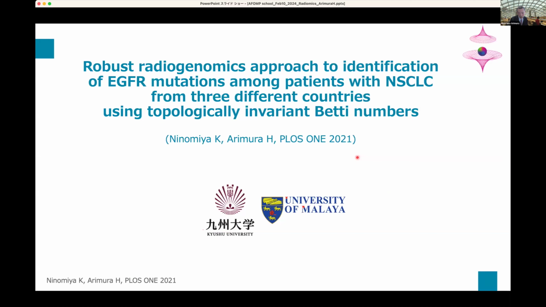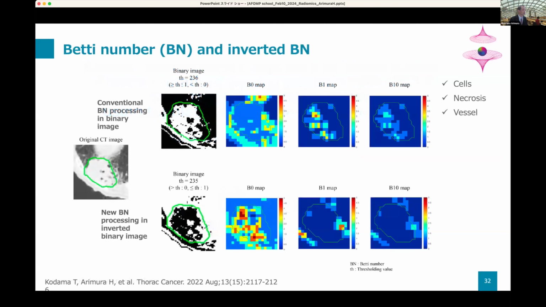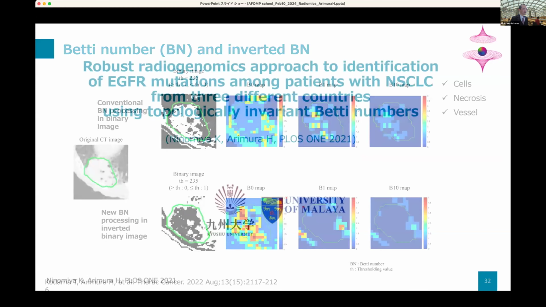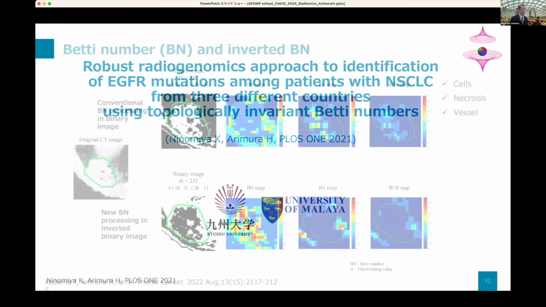Time is running, so I'd like to speak faster. Another research: sorry, I'd like to explain the background. EGFR mutation. We try to detect EGFR mutation by using topological invariant Betti numbers.